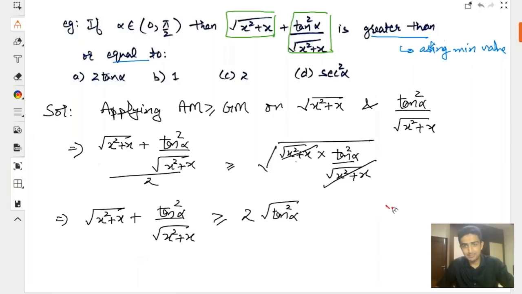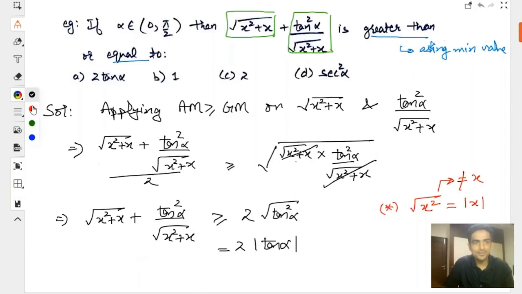Guys, little but important concept. Square root of x square is not x. What it is? Yes, it is mod x. Okay, square root of x square is always mod x. It's never x, it's mod x. So this thing becomes 2 times mod tan alpha.